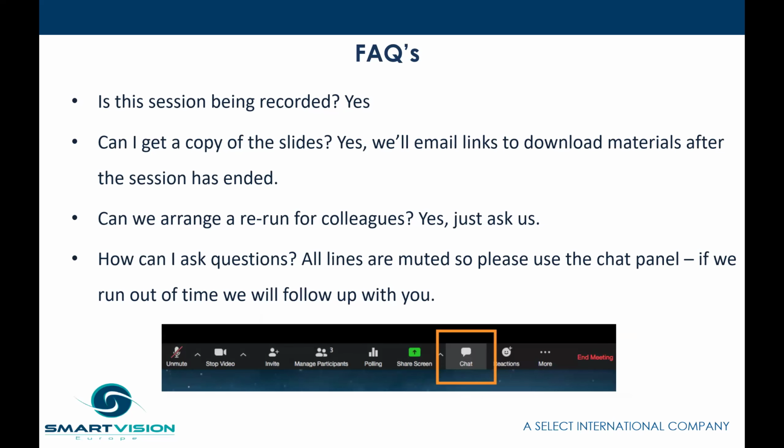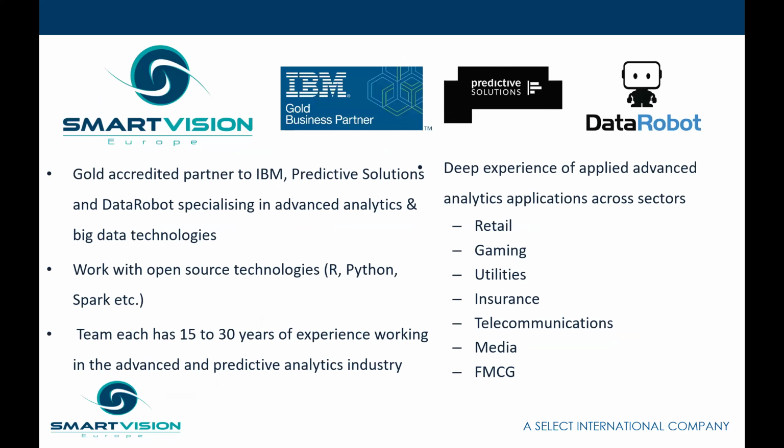Okay, so we're going to be talking today about IBM SPSS Statistics, and we're able to do that because we're actually a gold accredited partner to IBM. We're also a partner to Predictive Solutions and Data Robot. As an organization, Smart Vision specializes in advanced analytics, big data technologies, AI, statistics, data science.